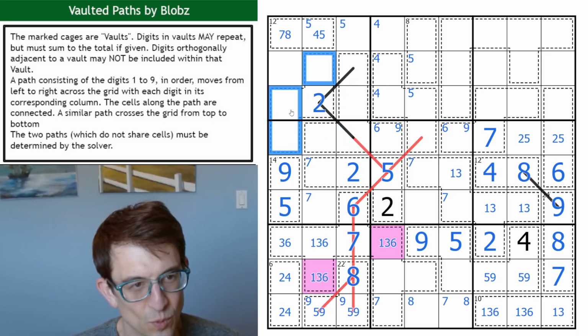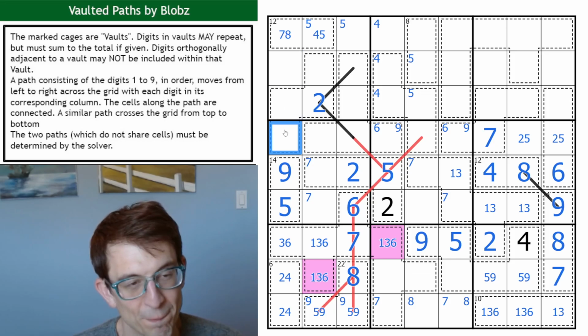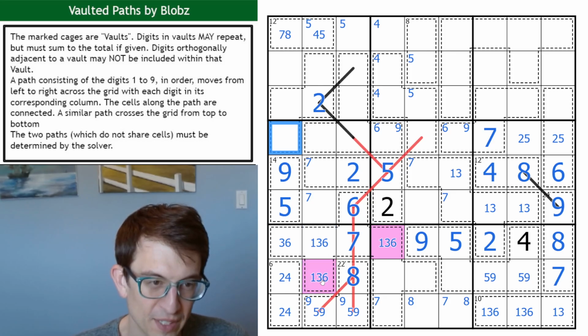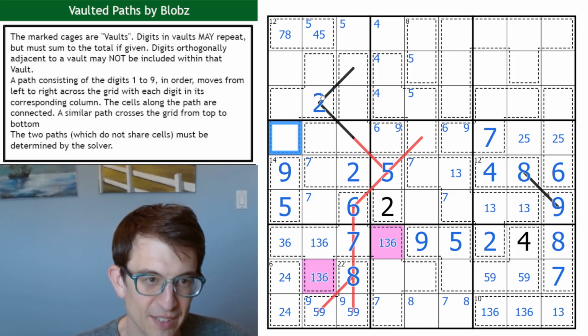3s, 1s. If this is 1, we can't have 1 in this cage by the vault rule or here. And 1 will be here. So it can't be anywhere there. So 1 would be here.